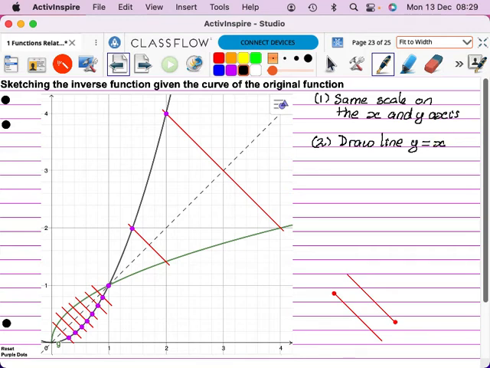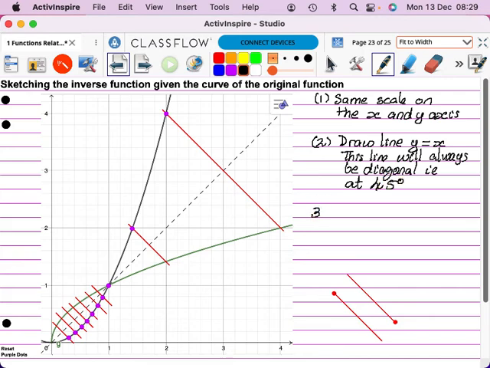Because the scales on the X and Y axes are identical, this line will always be diagonal, i.e. at 45 degrees.